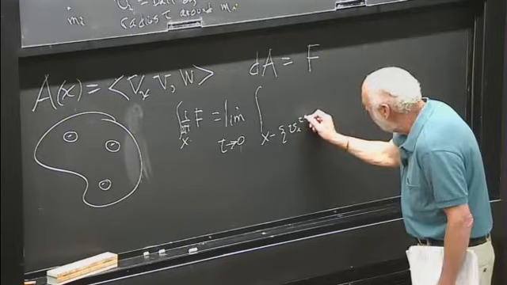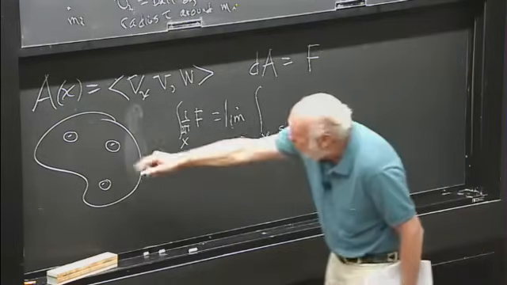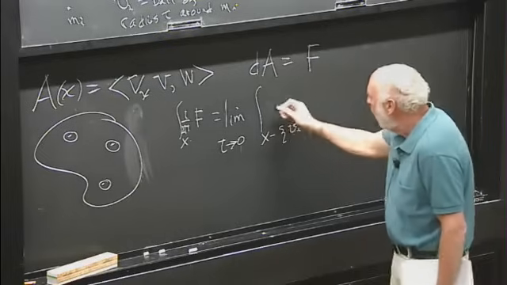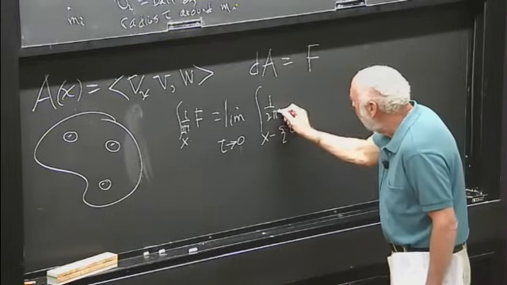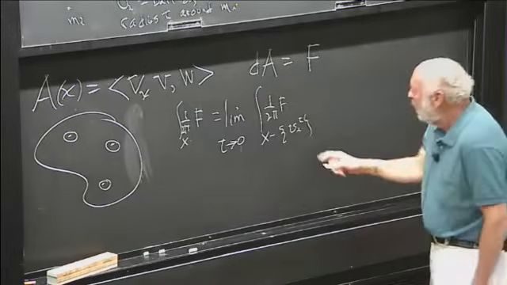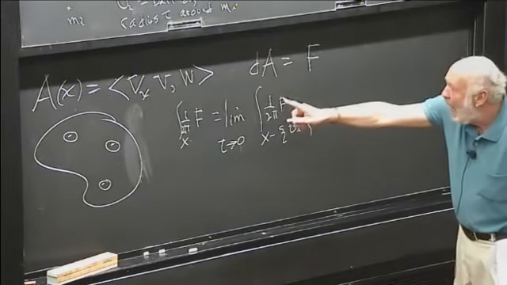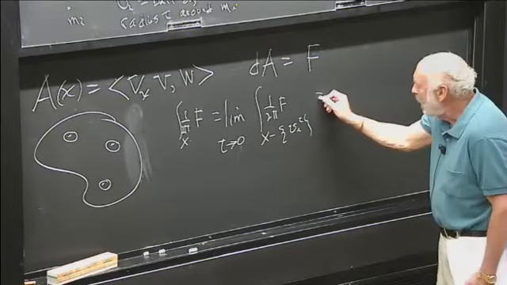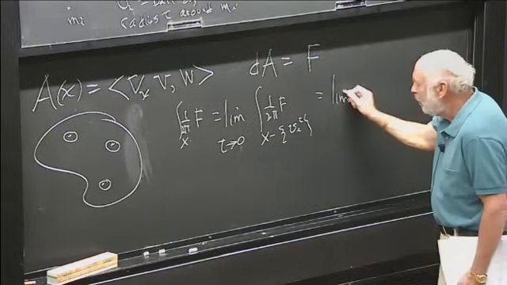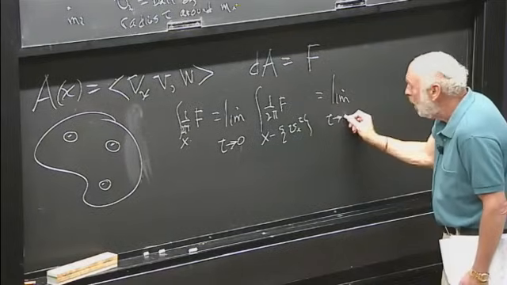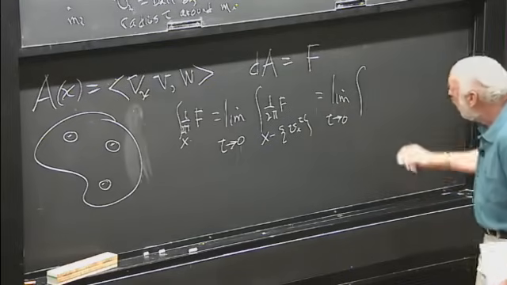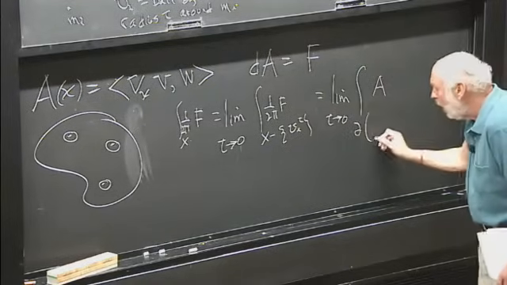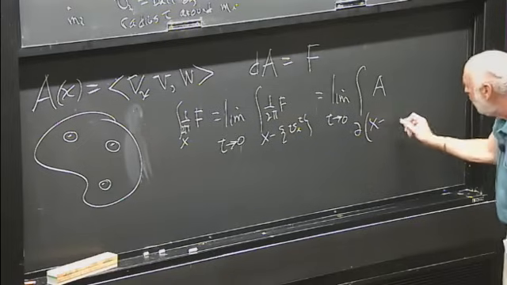I'm going to make these balls smaller and smaller and integrate over what's not there, integrating 1 over 2 pi f. But of course here it's dA, so that's the limit as t goes to 0 of the integral of a over the boundary of x minus this collection of balls.